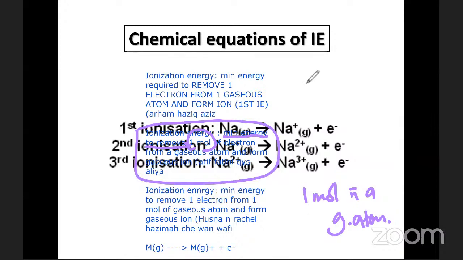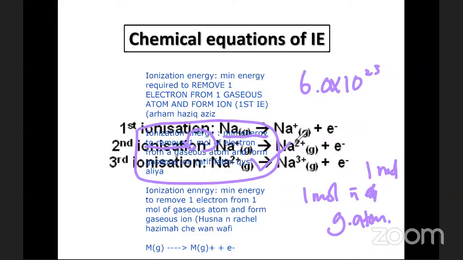As we know, 1 mole tu ialah 6 times 10 power of 23 kan. If you want to use the 1 mole, it's 1 mole of gaseous atom. So energy required to remove 1 mole of electron from 1 mole of gaseous atom, then barulah ini betul.